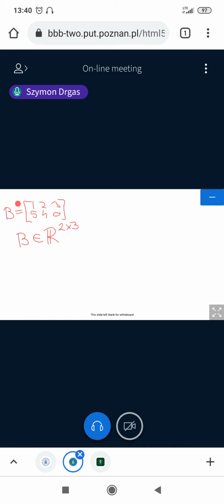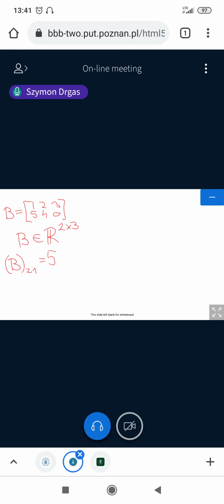And if we want to refer to a certain element of this matrix, a certain entry, we can write, for example, that the element in the second row and, let's say, first column is 5. Okay, so we can write it like this.